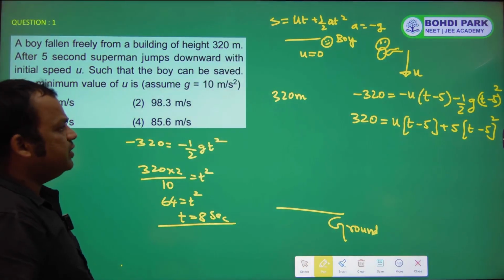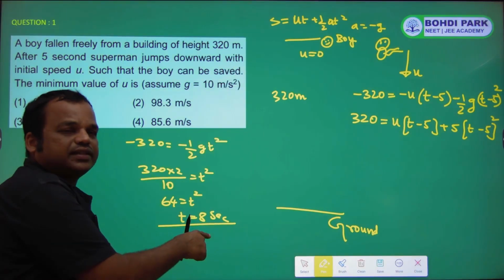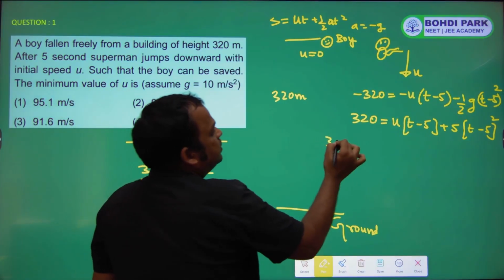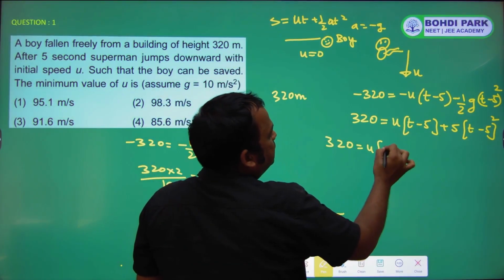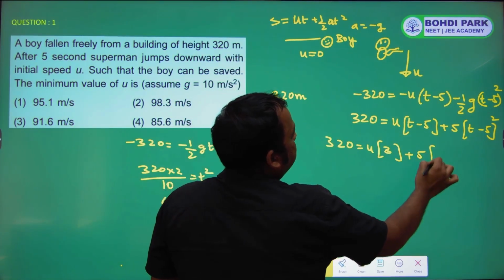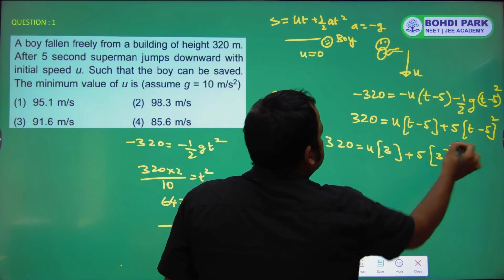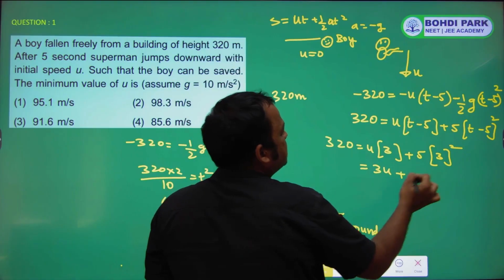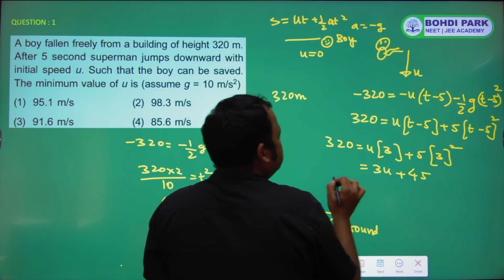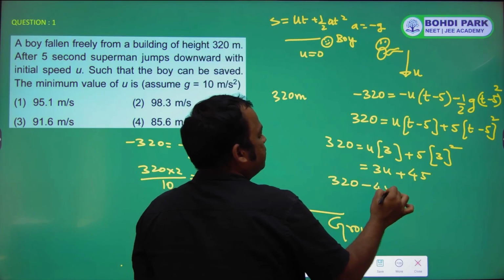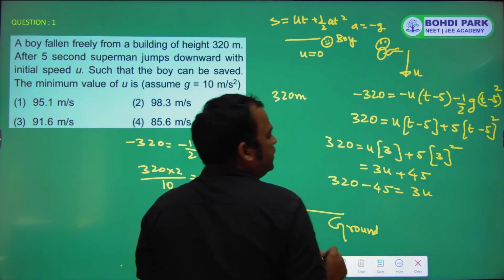Now the value of t we have found, it is 8 seconds. So 320 is equal to u into 3 plus 5 into 3 square. So this is 3u plus 45. So 320 minus 45 is equal to 3u.